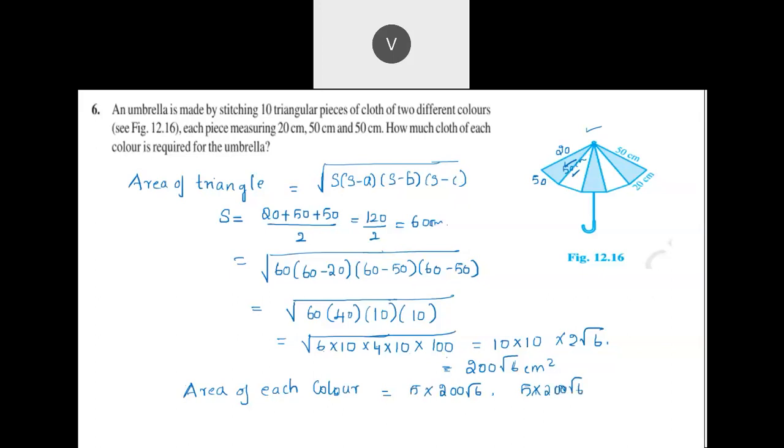Totally, two colors are used here, right? One is blue, another one is white. So we have 5 blue color triangular pieces of cloth, and the remaining 5 triangular pieces are white. So area of each color will be equal to 100 root 6.